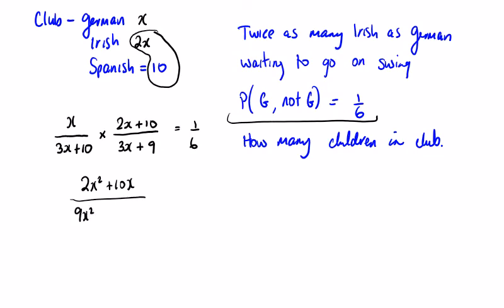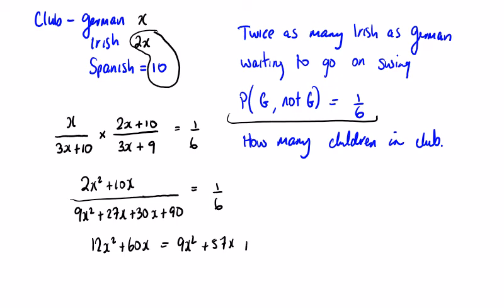So 9x squared plus 27x plus 30x plus 90, all equal to 1/6. So cross multiply, 12x squared plus 60x is equal to 9x squared plus 57x plus 90.